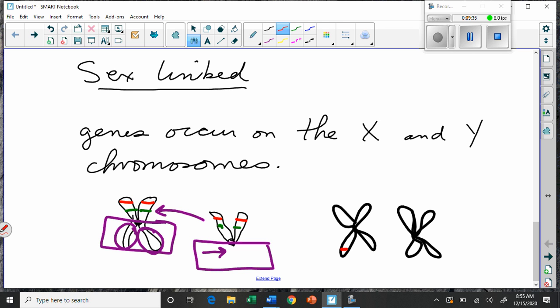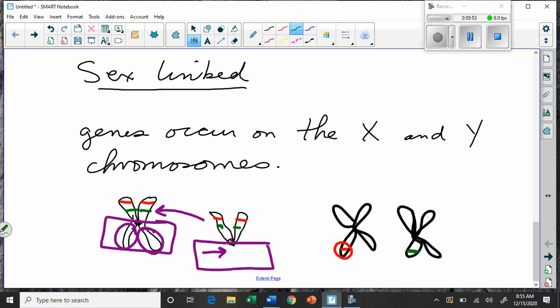If you have an allele for muscular dystrophy here, and it's recessive, as a female you might have the same gene over here but get the dominant allele, which would mask it, and therefore you would be okay. You wouldn't have muscular dystrophy.